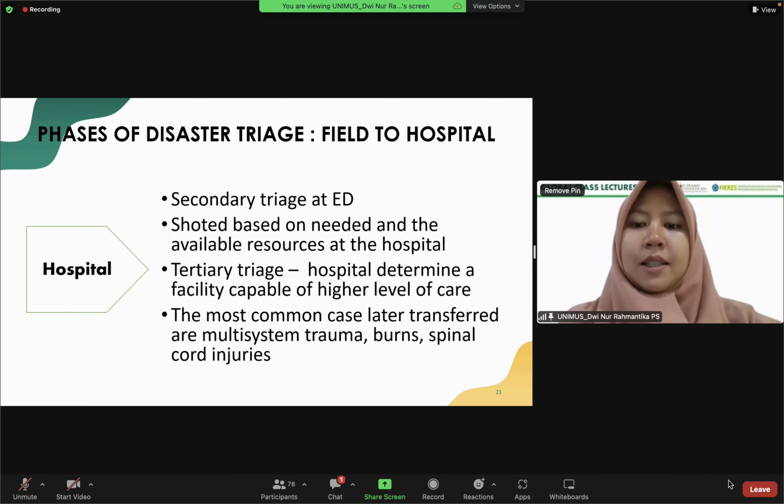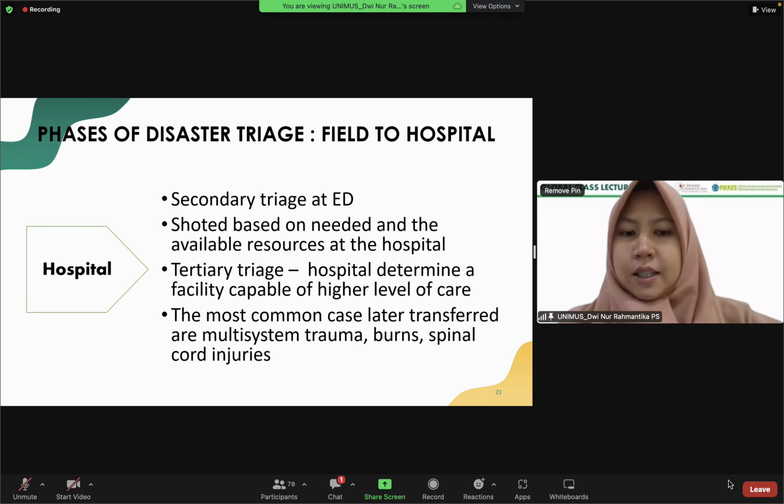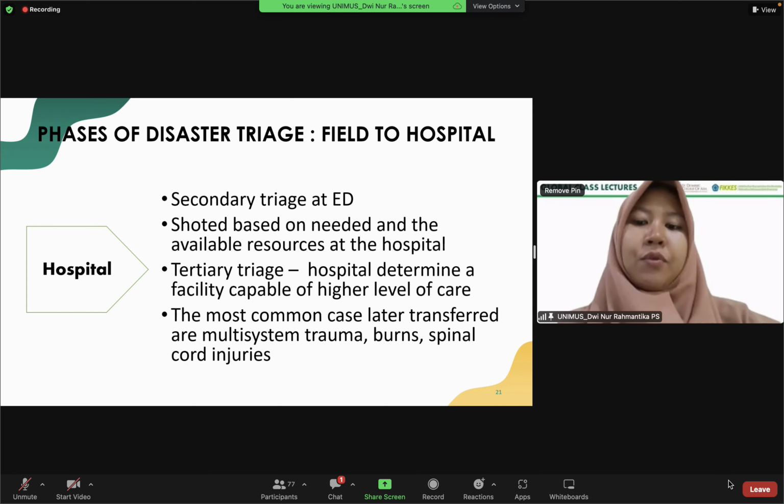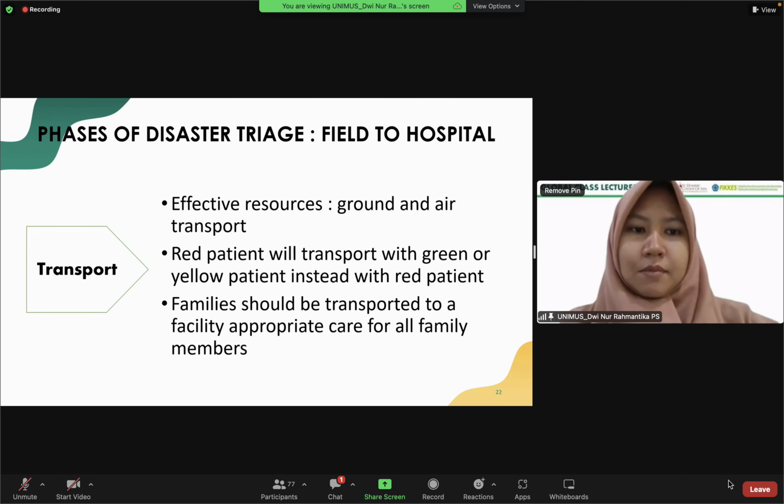The most common cases for later transfer are multi-system trauma, burns, and spinal cord injury. Some hospitals have no resources to solve this problem.